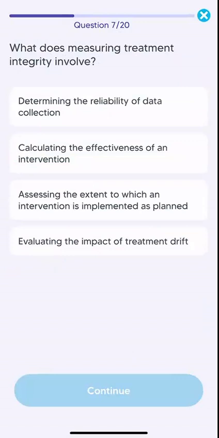What does measuring treatment integrity involve? Determining the reliability of data collection, calculating the effectiveness of an intervention, assessing the extent to which an intervention is implemented as planned, evaluating the impact of treatment drift. What's your answer?